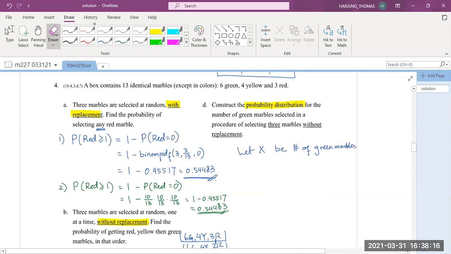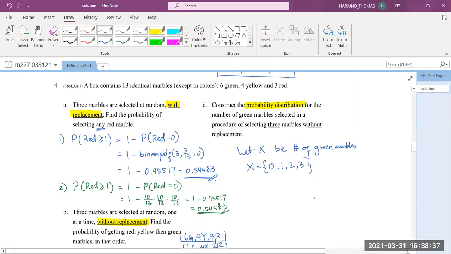Now then, what are the possible values of this X? How many green marbles can you possibly get if you select 3 times? You may get no green, 1 or 2 or 3. At most 3 because you only select 3.